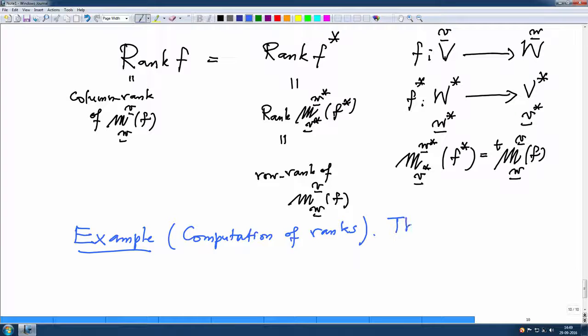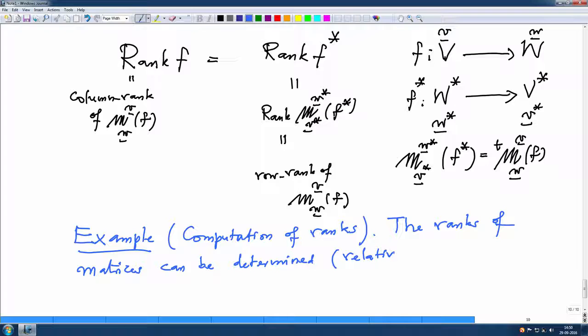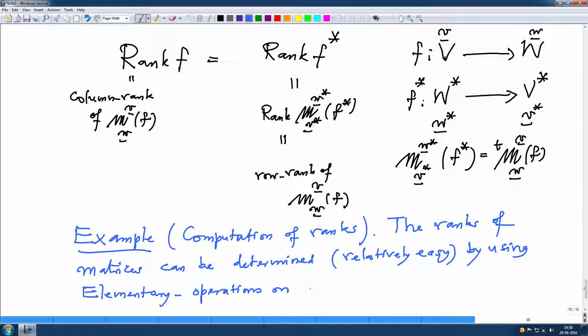So, the rank of matrices can be determined relatively easily by using the so called elementary operations on rows and columns, but I will stick to rows first.